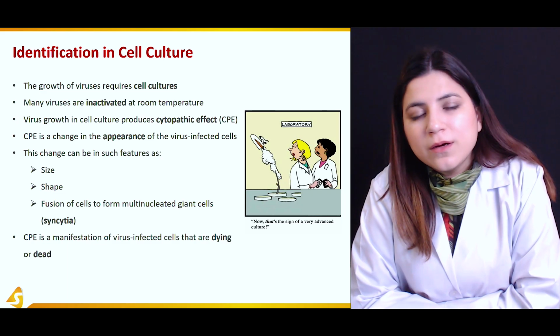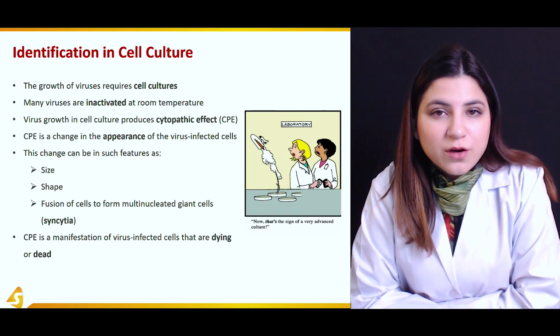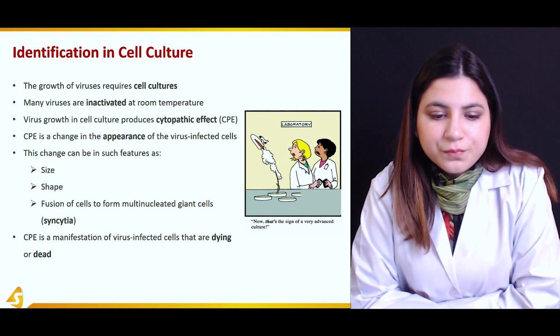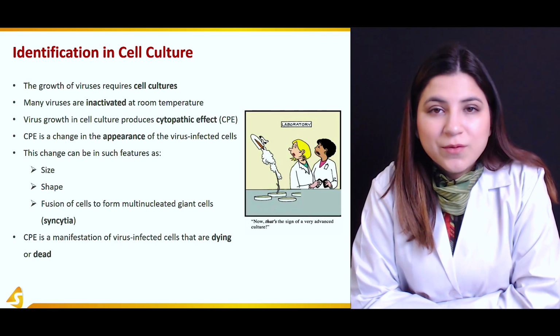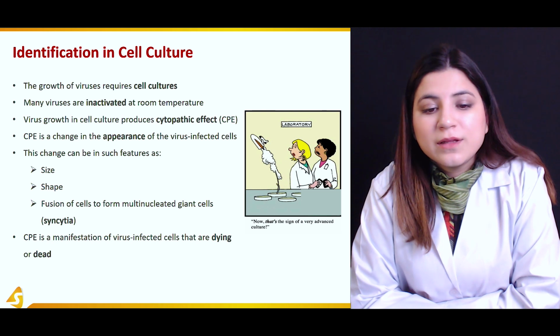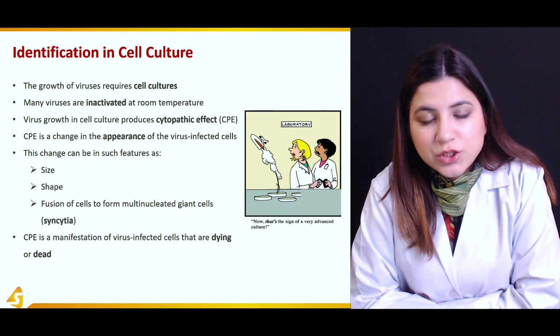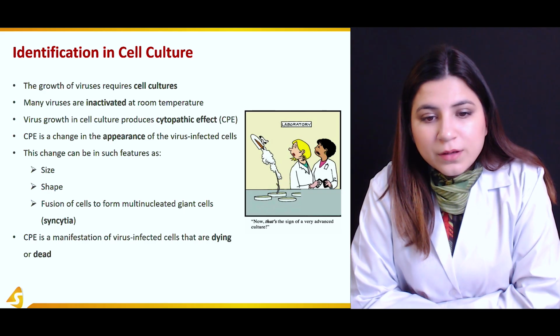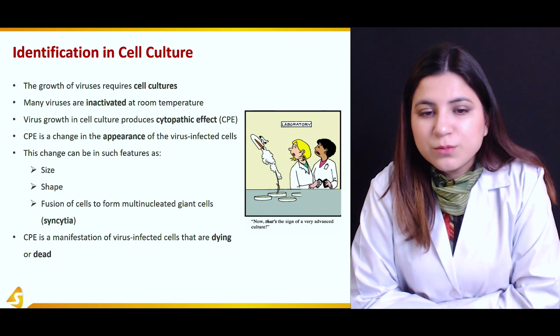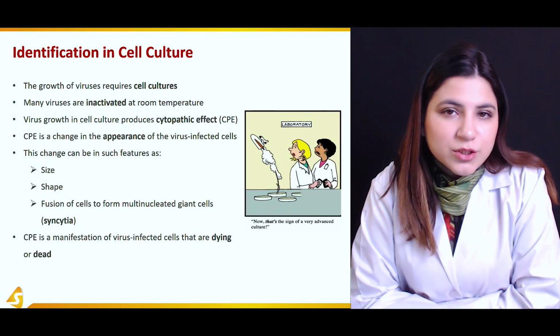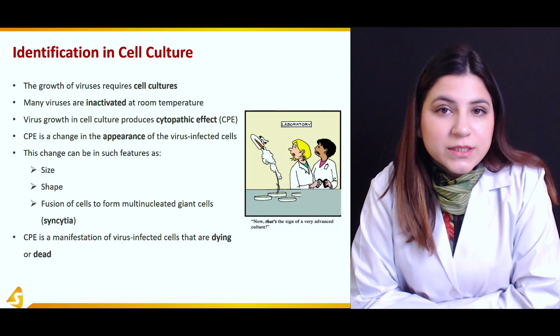So it's really easy to identify those bacteriophages inside the culture. But other than that, developing a culture and then identification of presence of a virus in that culture is no doubt a very direct method to detect a virus, but it is time consuming and it is expensive.